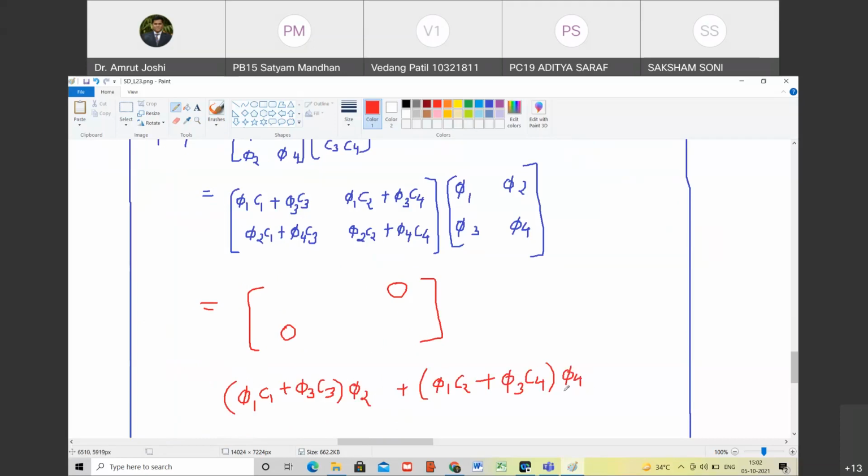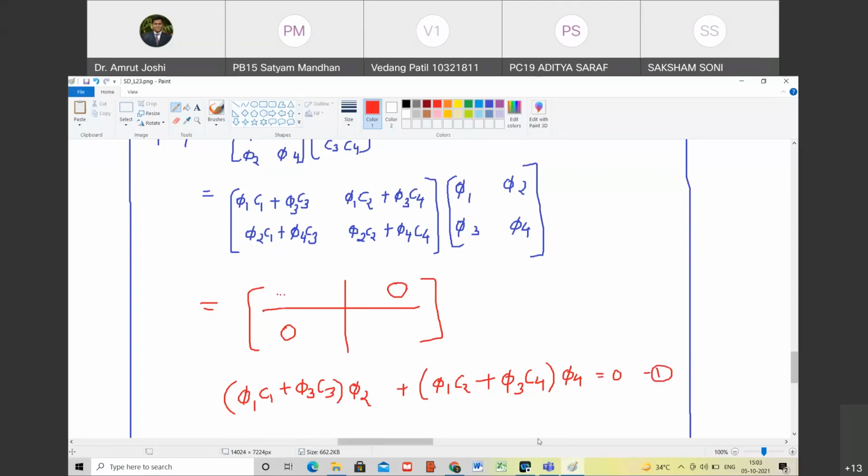Sir, it should be phi 1 and phi 3, not phi 2 and phi 4? We are writing down this element, not the first one. When we write this element, it is equal to 0. This is the first equation that we have.